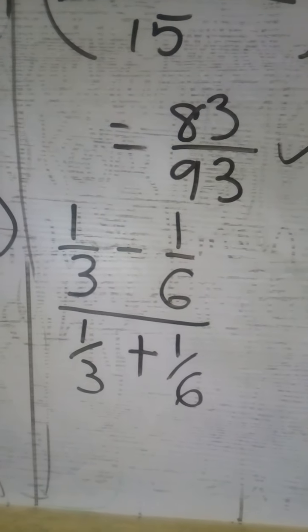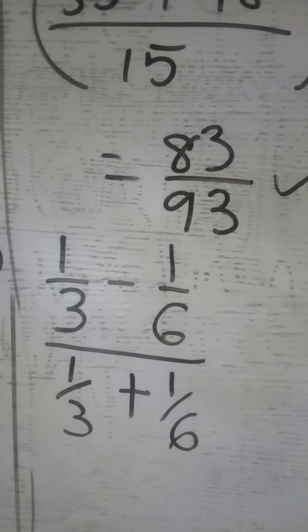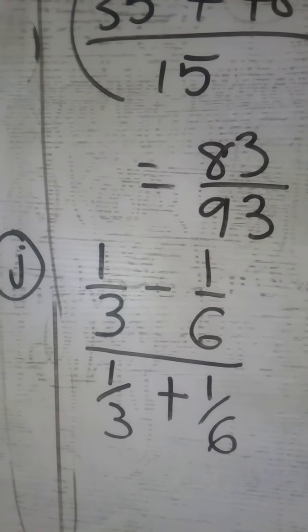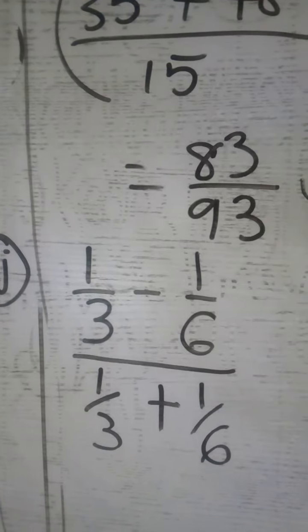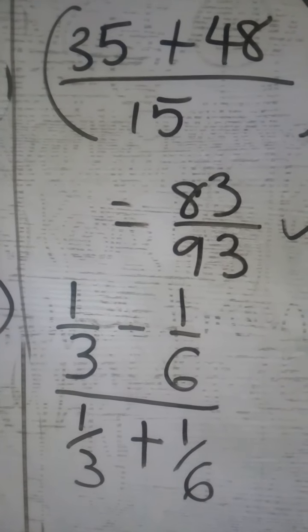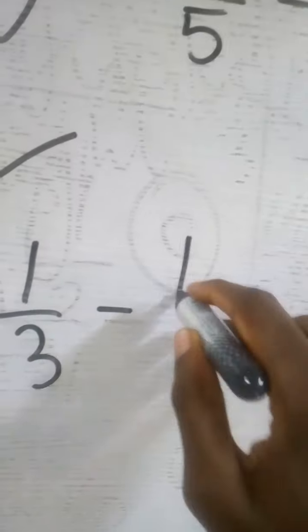The last question says 1 over 3 minus 1 over 6 all divided by 1 over 3 plus 1 over 6. So we can rewrite this question as 1 over 3 minus 1 over 6. You put your bracket, then you introduce a division sign.